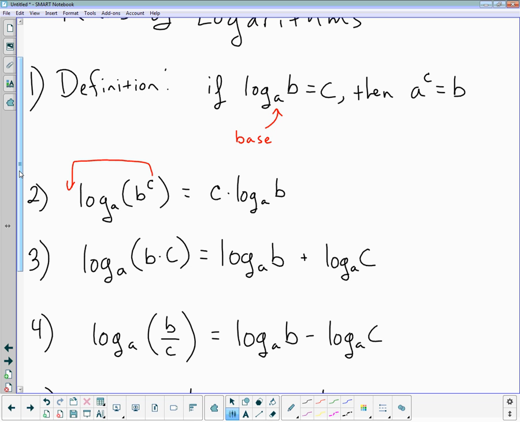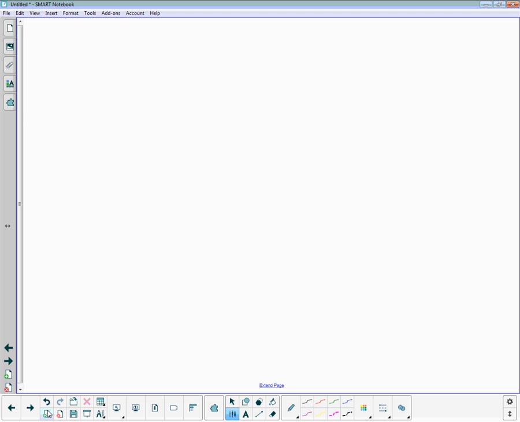Let's say what would happen if a were a negative. Let's say 10. Or even better, something that is a power. Let's take 9. If we're looking to solve that, using the definition of a logarithm, we run into a problem immediately.